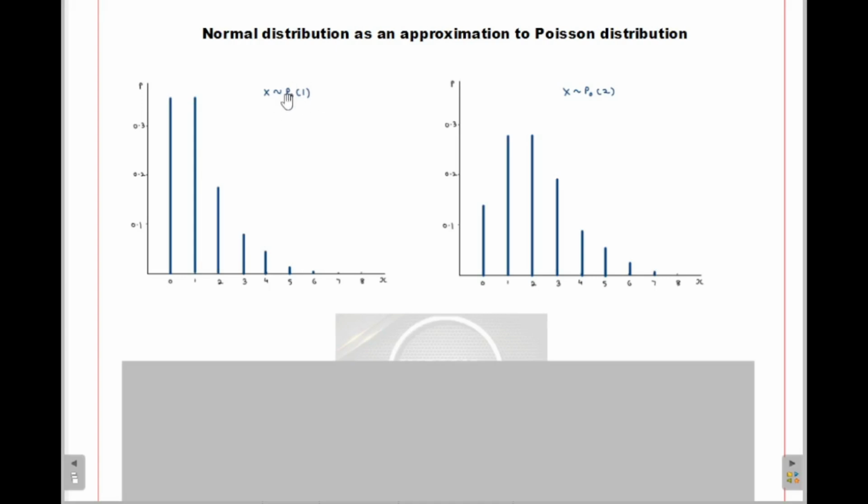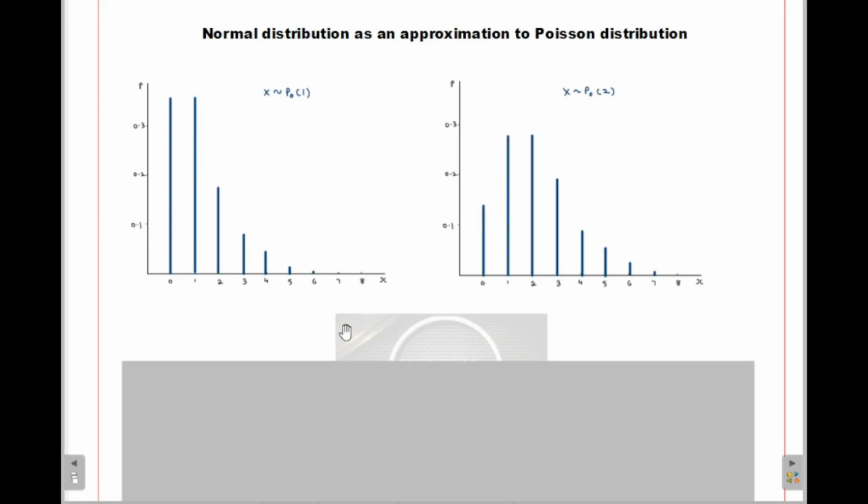Now let's see, if we increase lambda, what happens? If I make lambda equal to 2, then we see that to the left of the tall tower there is also a tower of increased height. Initially for lambda equal to 1, there was no tower to the left of the highest tower. But here we now have one tower for x equal to 0, with a probability greater than 0.1.